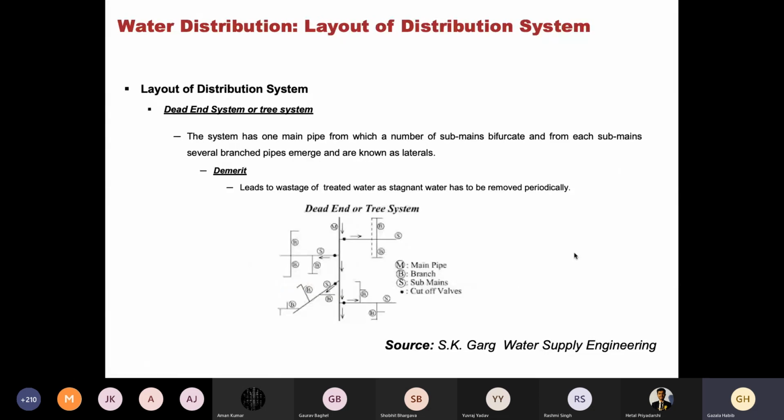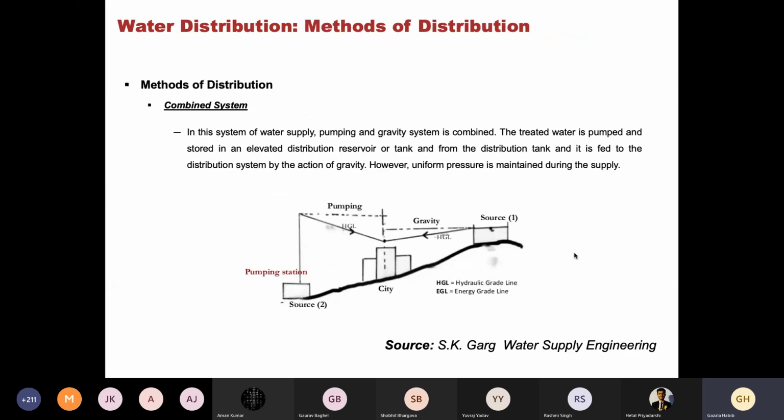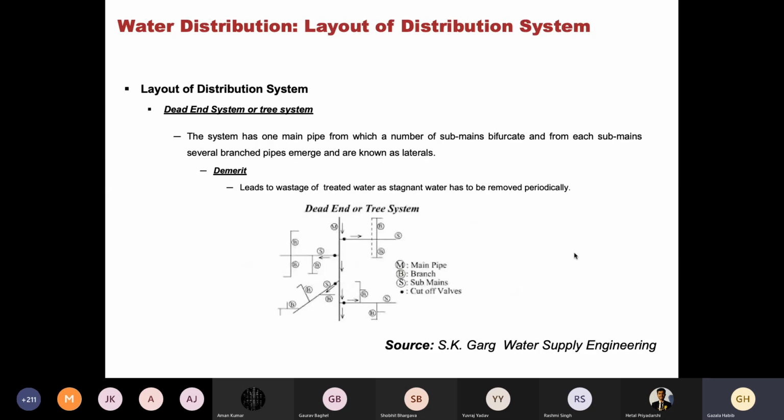Dead end system. Layout of distribution system, this is a different thing. The first was how to distribute the water, meaning what is the method of distribution. But the second thing, now we are learning about what are the different kinds of distribution system which can be laid down on the surface to provide the water in individual house.